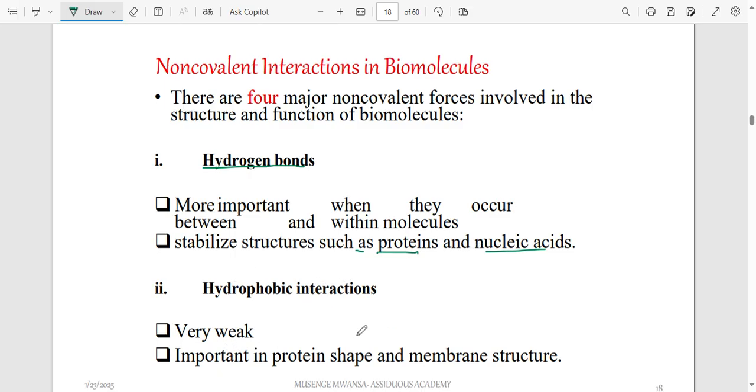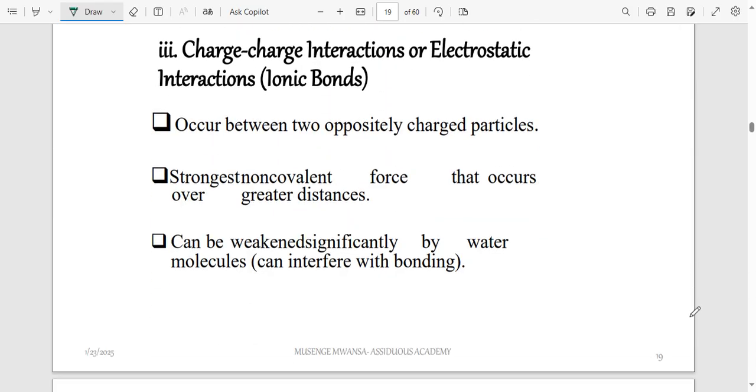Hydrophobic interactions are weak interactions, and they are important in protein shape, and also in the membrane, because in the membrane you have lipids like the phospholipids. You also have the charge-to-charge interactions, or electrostatic interactions, like the ionic bonds, which occur between two oppositely charged particles. The strongest non-covalent forces are actually these ionic bonds.